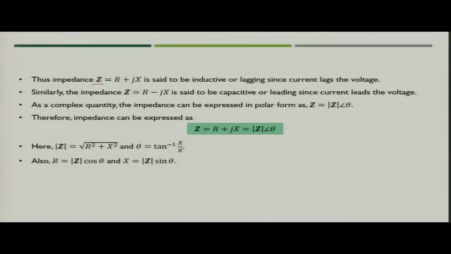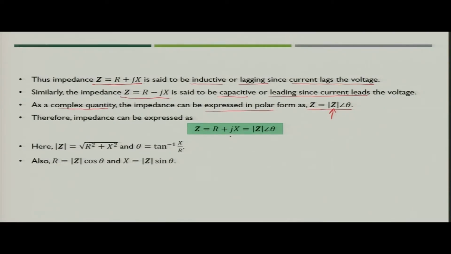Z is equal to R plus jX is inductive when it is lagging, since the current lags the voltage. When Z is equal to R minus jX, it is capacitive because the current leads the voltage. If we have to represent the complex quantity Z in polar form, we simply write Z is equal to mod of Z, that is the magnitude of the impedance Z, and angle theta.